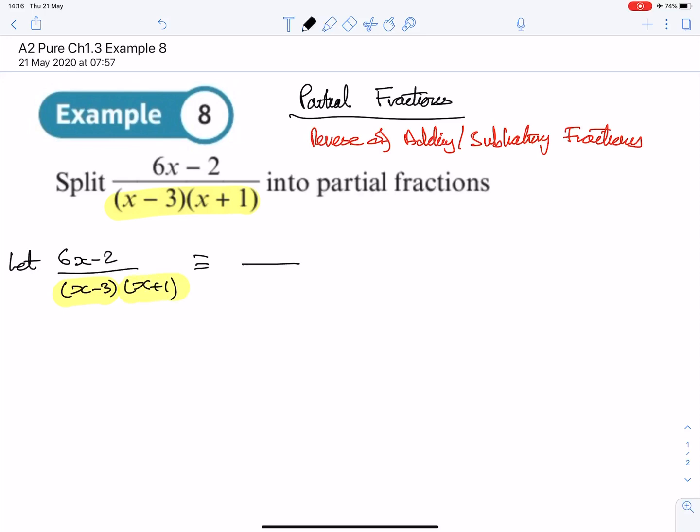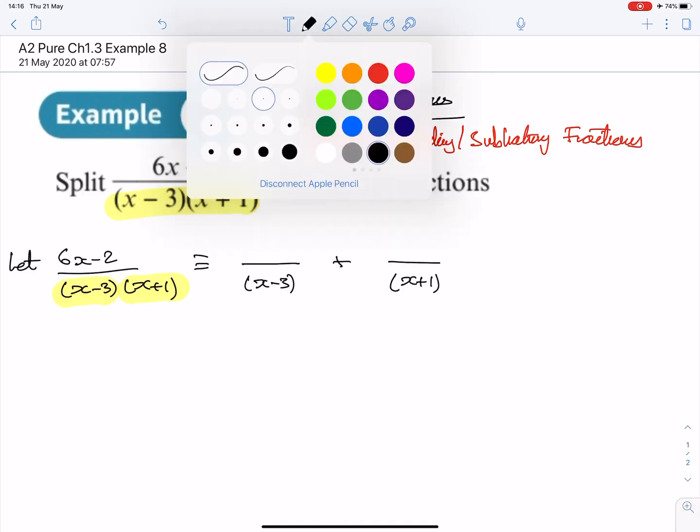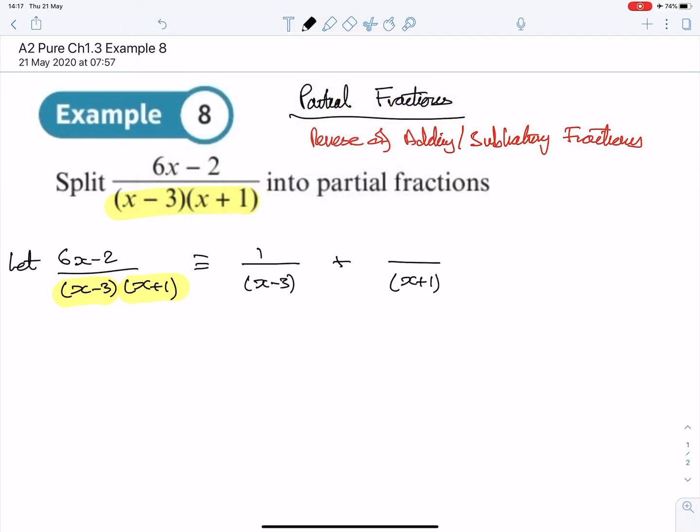Otherwise, when we combine the fractions, we won't get the denominator x minus 3, x plus 1. So we can see straight away that one of these must be x minus 3 and one must be x plus 1. So the real question then is, what goes on the top? Well, at this stage we don't know, so we're going to call it A and B.